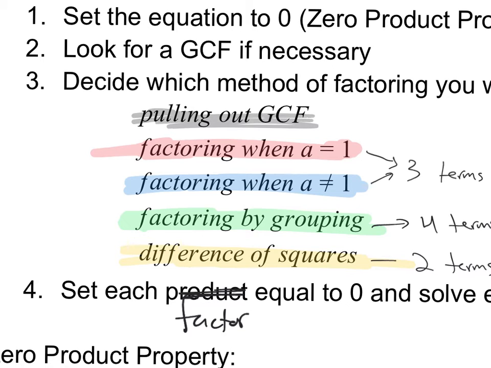So always start with that first step, pull out the greatest common factor, and then look at the expression you're left with to determine if you're going to use the x method, so factoring when a equals 1, the x method, and then splitting the middle term when a does not equal 1, factoring by grouping when you have 4 terms, or factoring the difference of squares when you have 2 perfect squares that are being subtracted from each other. So just go through your steps. Once you've found your factors, set each factor equal to 0 and solve for your variables.